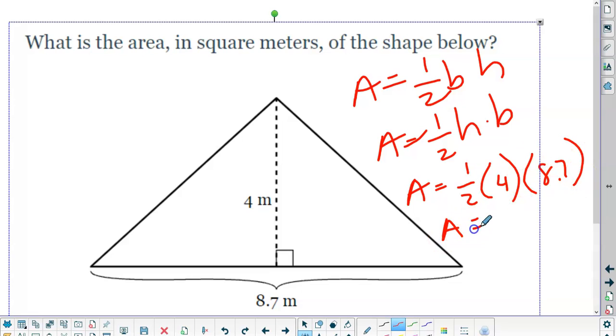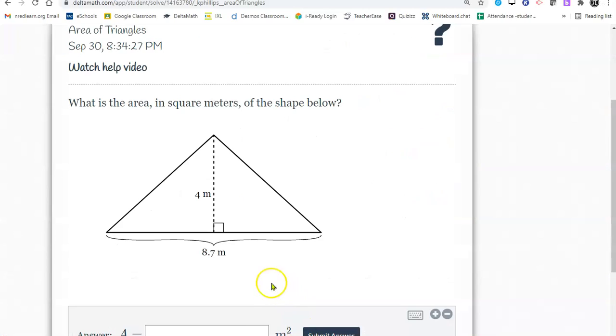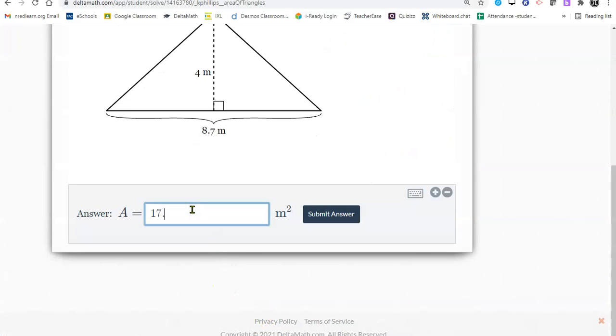Because half of 4 is 2, and that's something I can mentally do. So 2 times 8.7. You can use a calculator. You can try to do it mentally, like 2 times 8 and 2 times 0.7. But 2 times 8.7 is 17.4. 17.4 meters squared. So that's what I'm going to type in here.